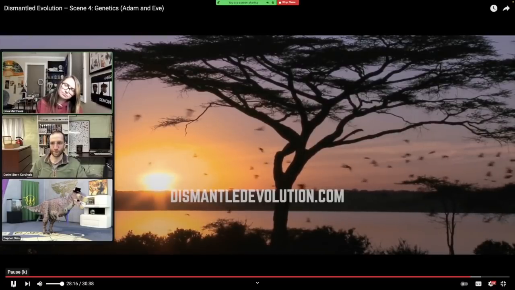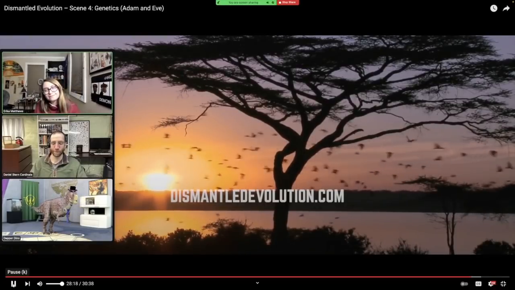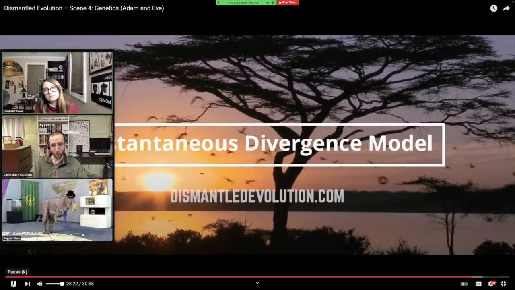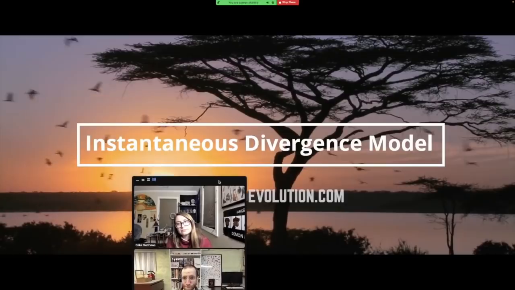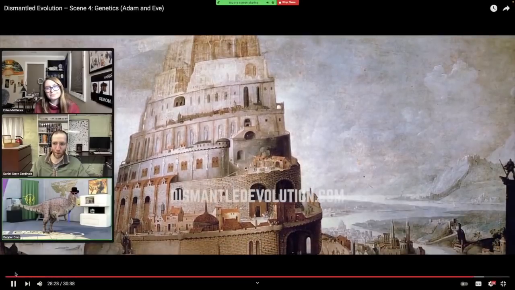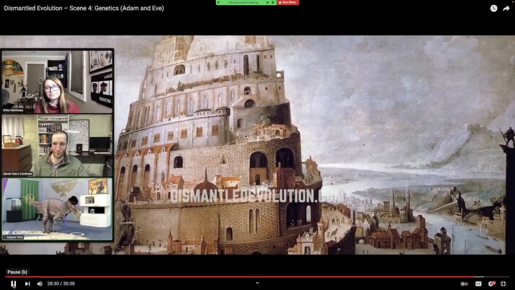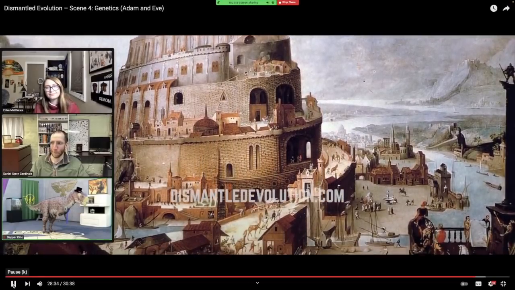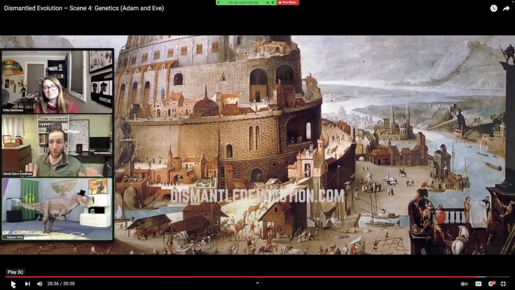Evolutionary geneticists reporting in the Proceedings of the National Academy of Sciences have named this specific model the instantaneous divergence model. Have they? This model is virtually indistinguishable from the biblical model of the human dispersion associated with the Tower of Babel, as recorded in Genesis chapter 11. Okay, so I want to point out here that they're now bringing into this a different model, right?